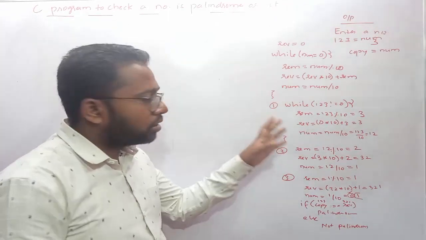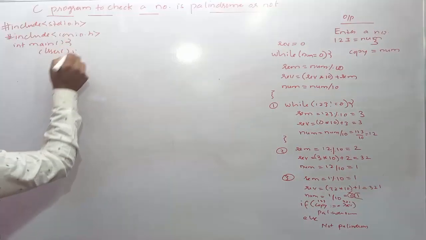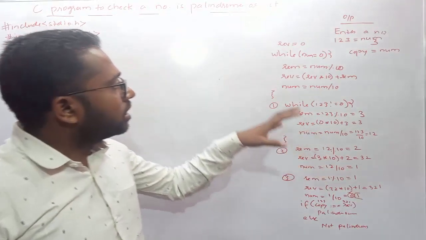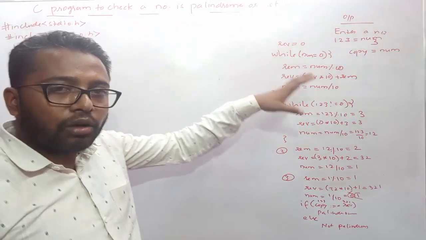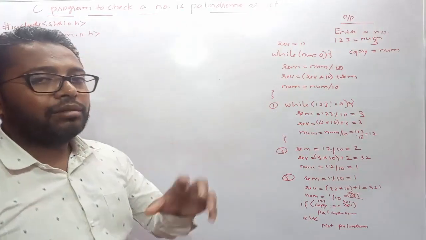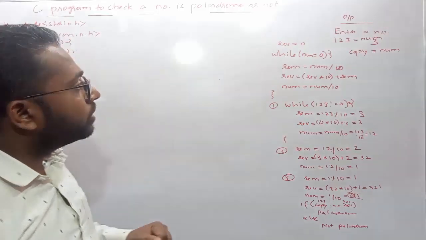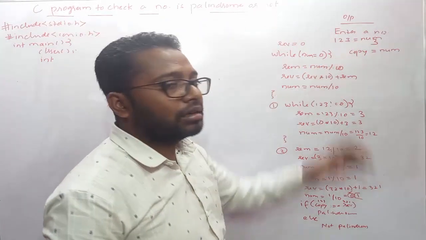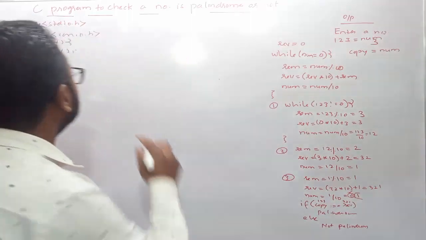So now I will consider this logic to write a C program, and then I will declare the variables. Okay, now just looking at this logic and this output, how many variables do you think we require? First, we require a variable num to hold the value which user will going to enter.